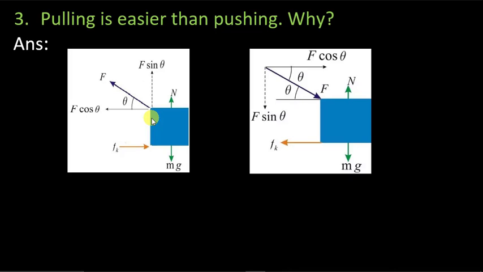Why? This question is a 1 mark question, but let us take it in an elaborate way. So this is force F. A body of mass m is being pulled along this with a force F, making an angle theta with the horizontal.